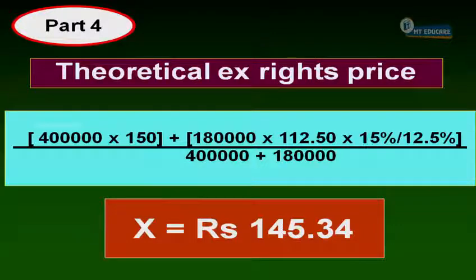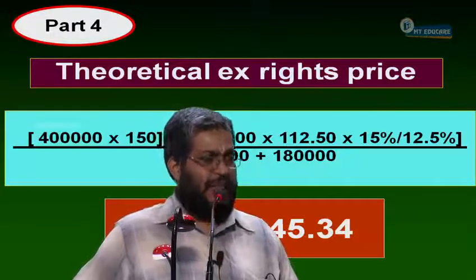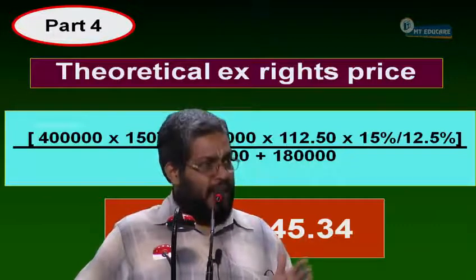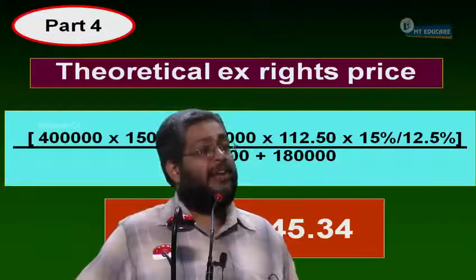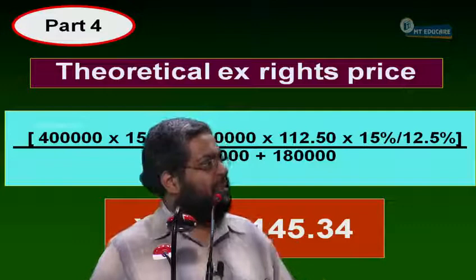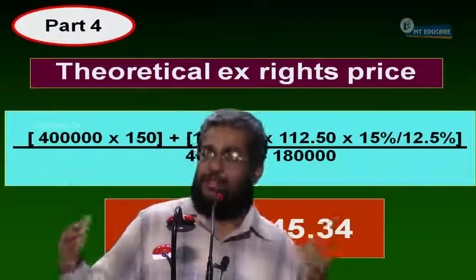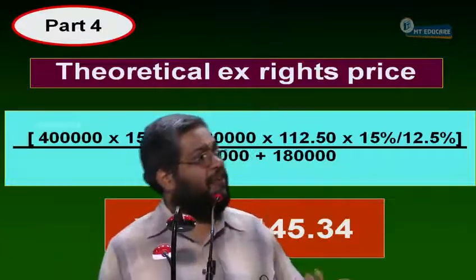Another way to understand 6 crores: existing projects are giving me 75 lakhs, and I expect 12.5%. So the existing wealth is the present value of the existing projects, which is 6 crores. That is represented as 4 lakhs into 150. Are you following what I am saying?